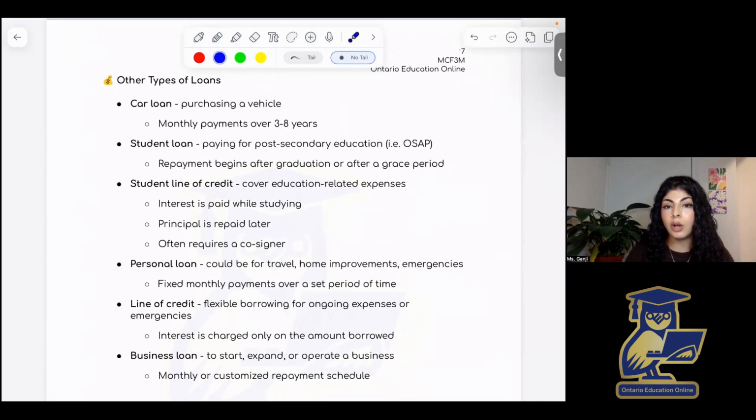In Ontario, this is OSAP, but depending on where you're located, you will have different student loans. Typically, repayment for these begins after graduation, or there is a grace period. If you are still looking for jobs and they understand that you don't have an income, they'll give you some period of time to find a job and then start the repayment.